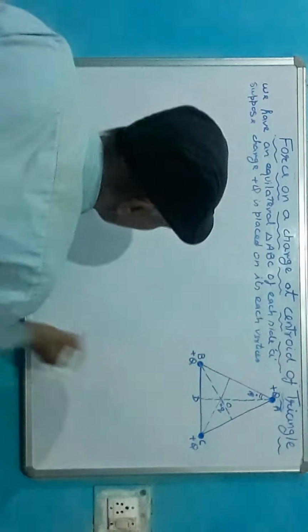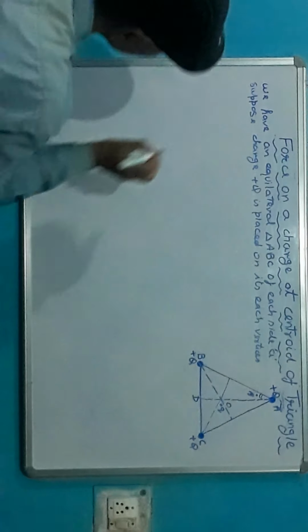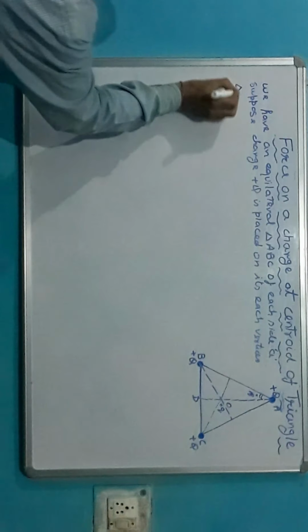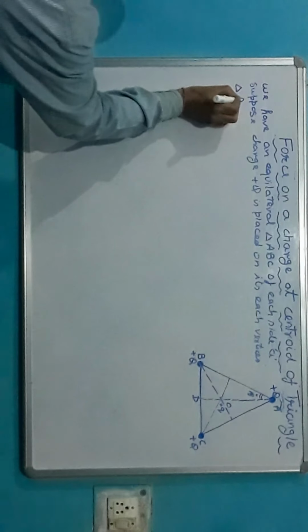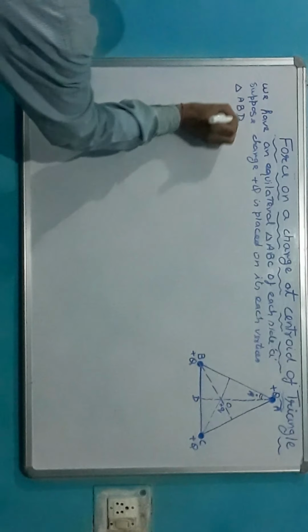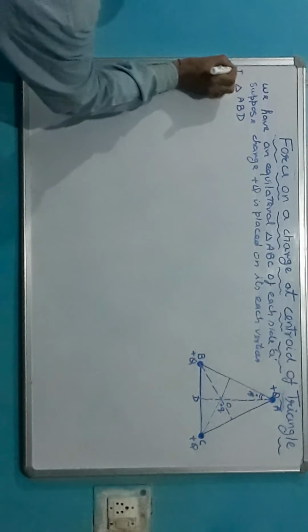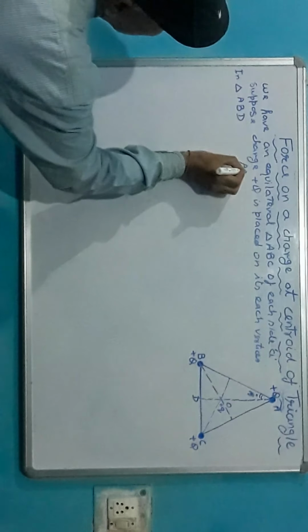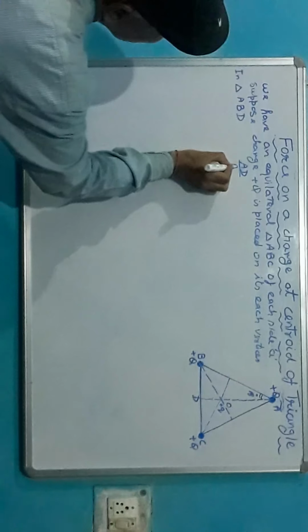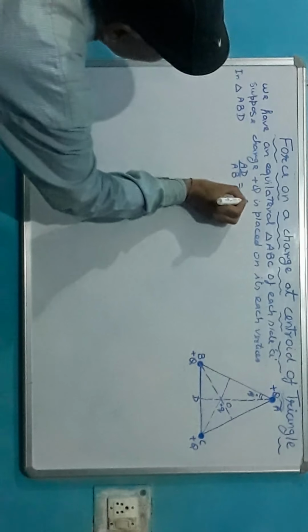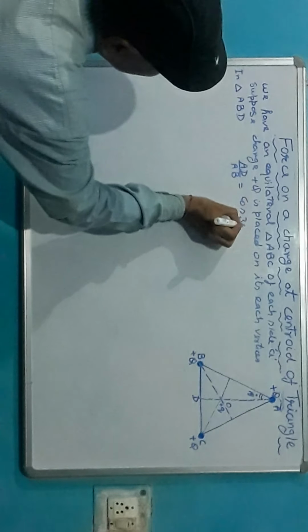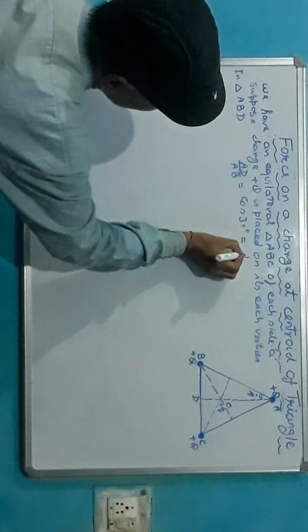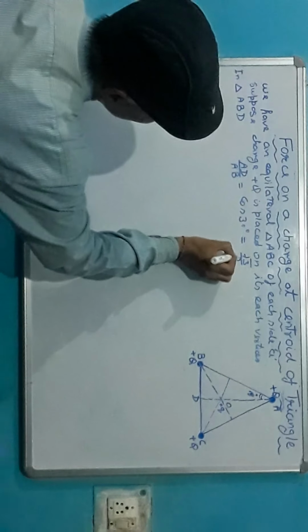Before that I have to calculate using a triangle. I take triangle ABD. In triangle ABD I can write AD upon AB is equal to cos 30 degrees, and you know that cos 30 degrees is equal to root 3 by 2.